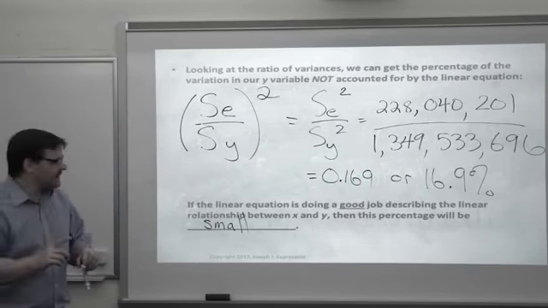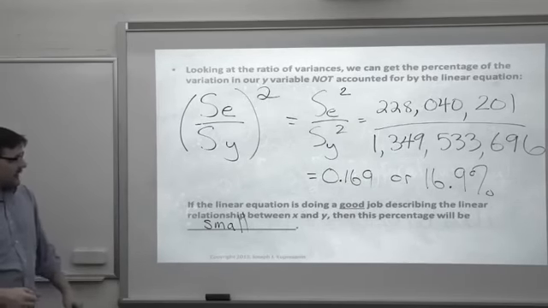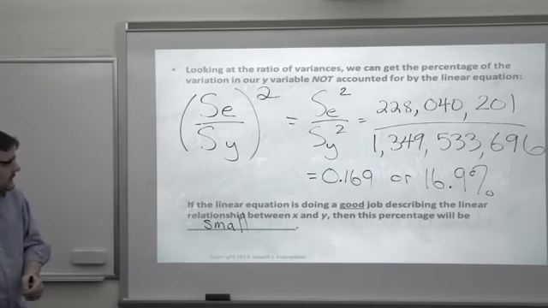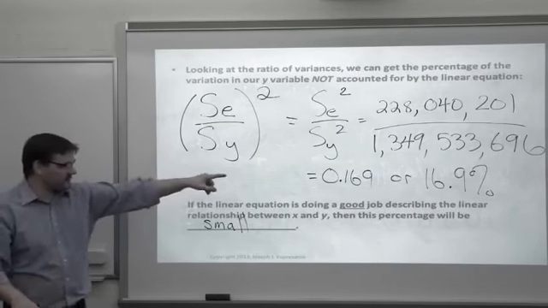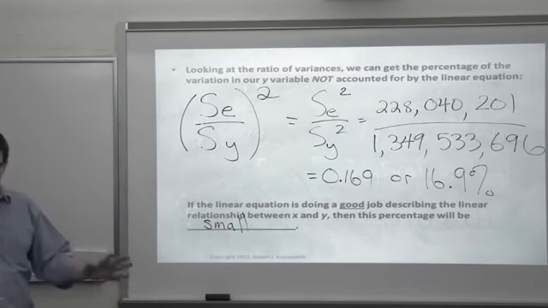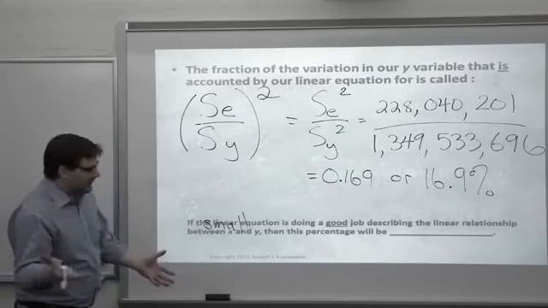Last step, I promise. If that's the percentage of variation not accounted for by the equation, it's easier to think of, well, what was accounted for? All we'll do, we'll take 100%, we'll subtract off the 16.9. We'll finally arrive at this most important number for linear regression. And then we'll worry about interpreting the thing.